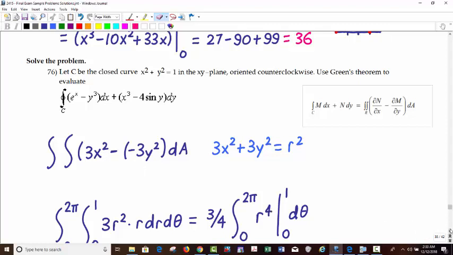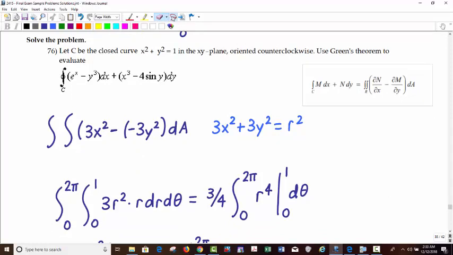Oh, and here's a mistake right here. I've calculated it correctly, but, well, let me see if I can fix this. I'm not using a tablet PC, so I'm kind of having to do this freehand on a mouse pad. I can't write it, but that should be 3r squared. If you look at the next line, which I'll go to in just a second, I have it written properly there.